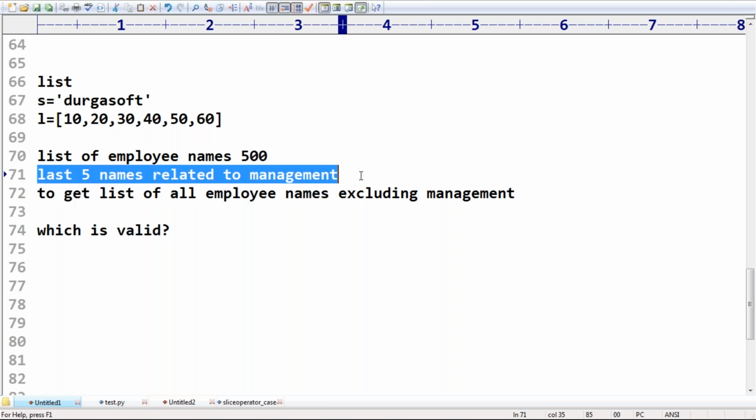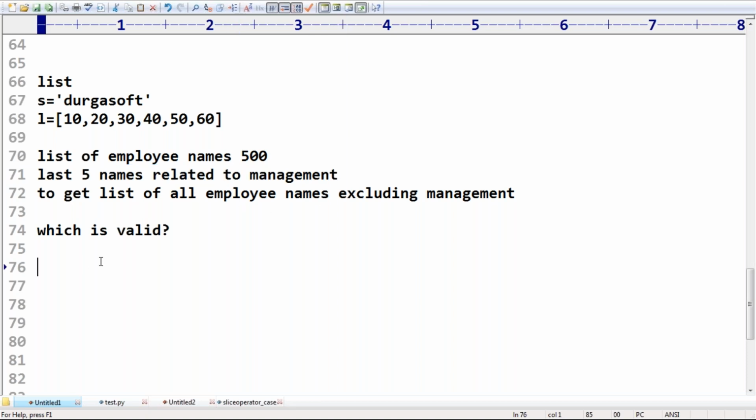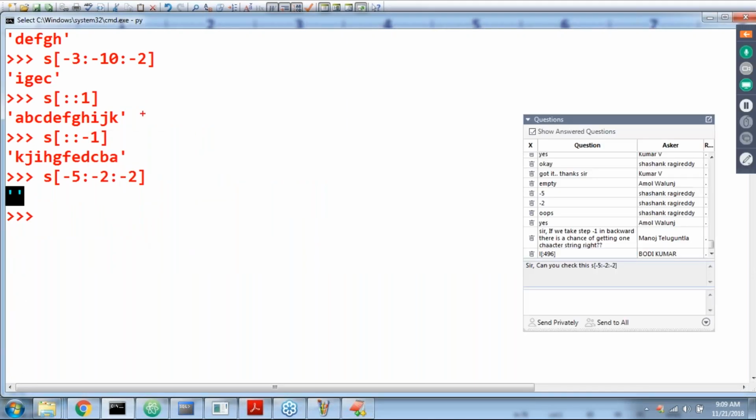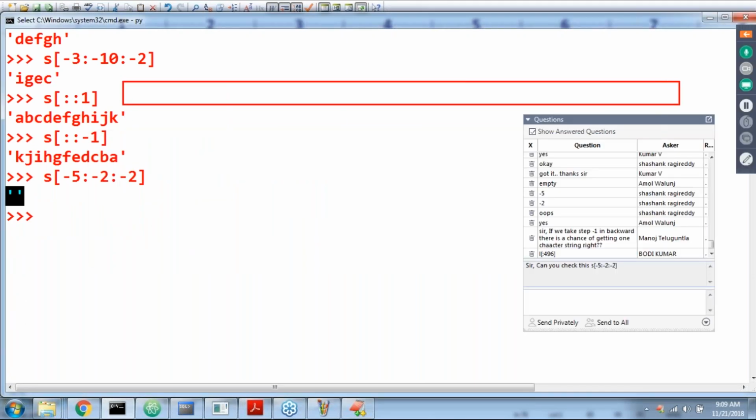Listen very carefully: with 500 employees available, the first index is 0 and the last index is 499.